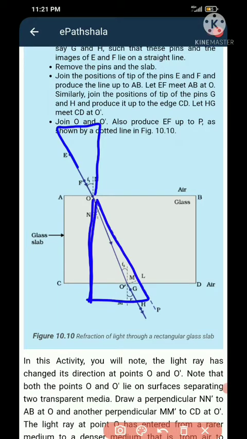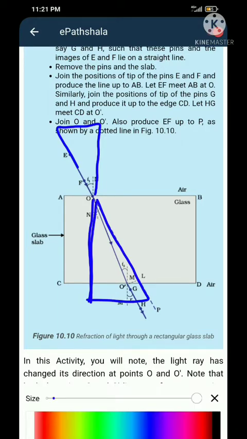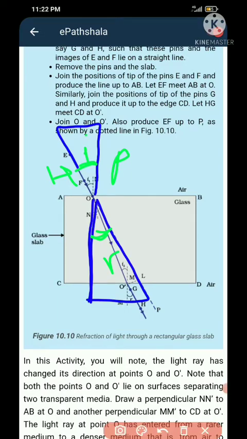So where is the perpendicular and where is the hypotenuse? Here is the hypotenuse and here is the perpendicular. This is the ratio because the angle of incidence is here. So the ratio of sine of the angle of incidence and sine of the angle of refraction R will be constant in the case of refraction.